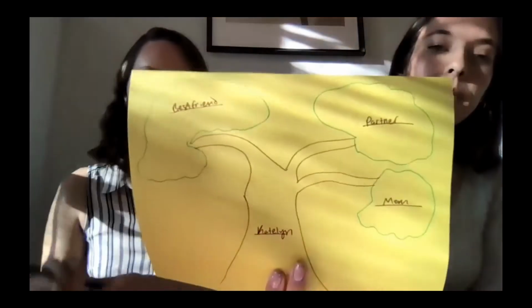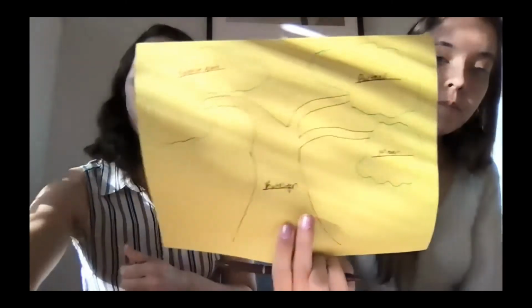And then you're going to put each positive person in your life in your little blurbs. So I have them labeled best friend, partner, mom, and then my name.